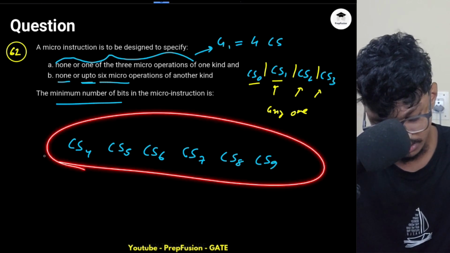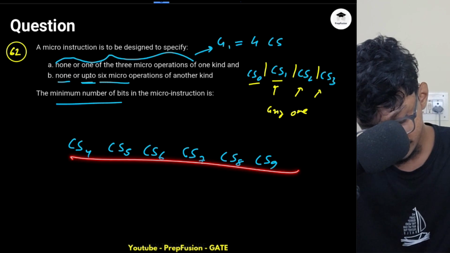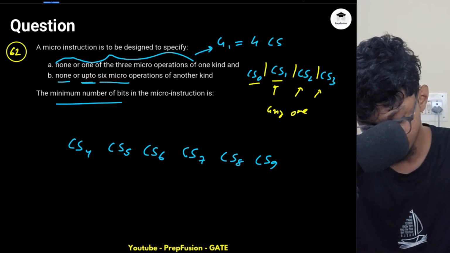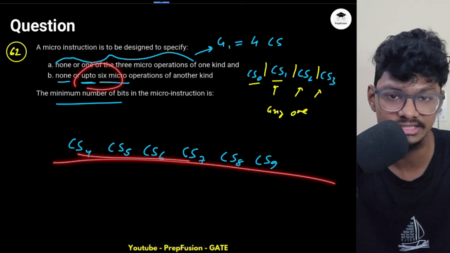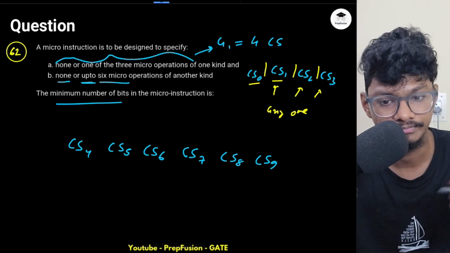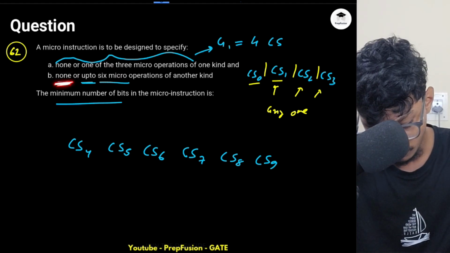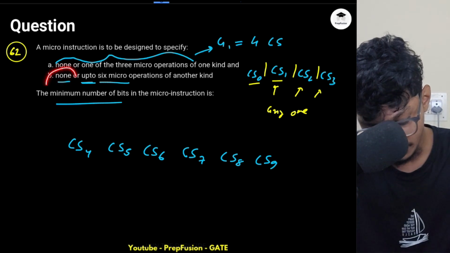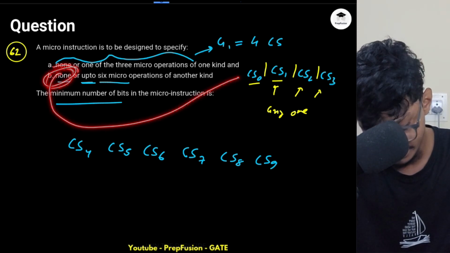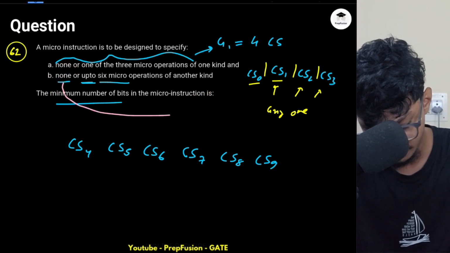So I have 6 different control signals and all 6 of them can happen, up to 6. Any 6 of them can happen. Can I group them? No, I cannot group them. And again they are telling me none. For none, I have already assumed a state here.